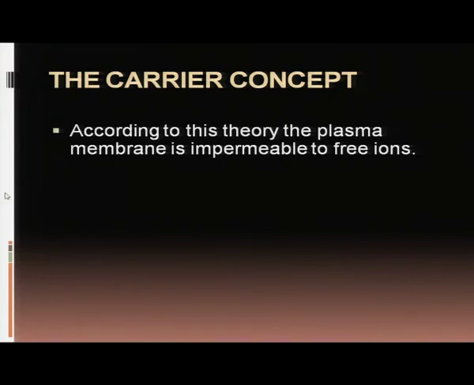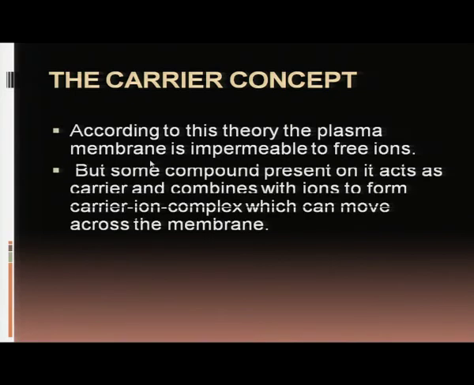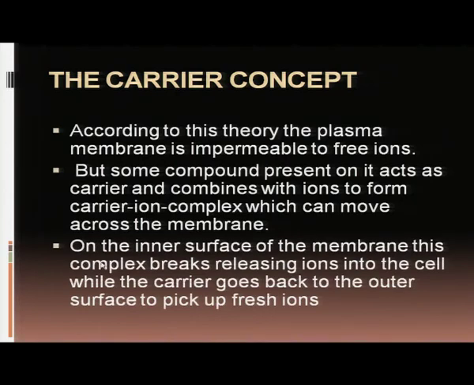According to this theory, the plasma membrane is impermeable to free ions, but some compounds present on it act as carriers and combine with ions to form a carrier-ion complex, which can move across the membrane. On the inner surface of the membrane, this complex breaks, releasing ions into the cell, while the carrier goes back to the outer surface to pick up fresh ions.